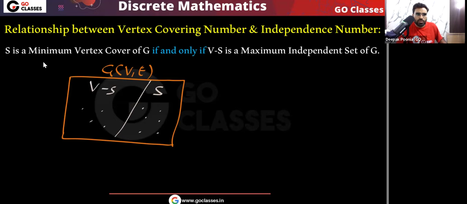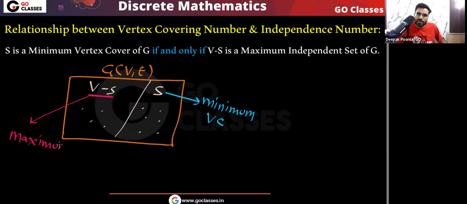Let's assume that S is a minimum vertex cover. Then we already know that the remaining vertices will be a maximum independent set. Now you already know the size of the minimum vertex cover is called the vertex cover number.